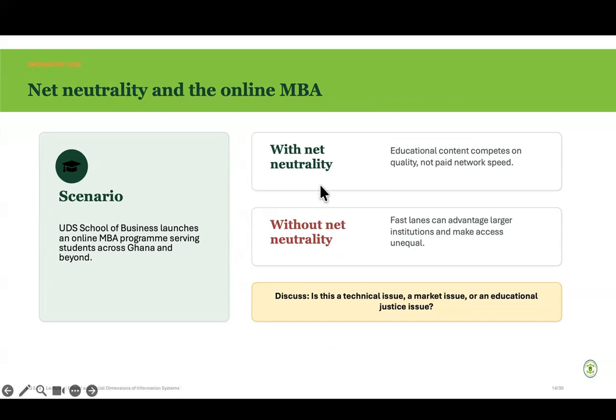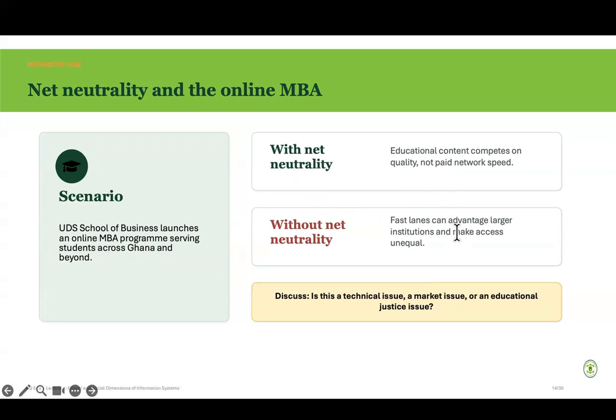Now, I want to introduce an interesting concept, the concept of net neutrality. I want to explain that by using UDS. Imagine that the UDS School of Business launches a completely online MBA for students across Ghana and other countries.